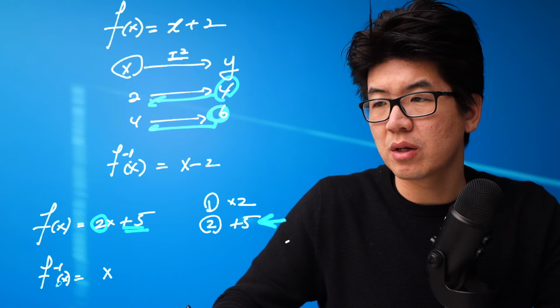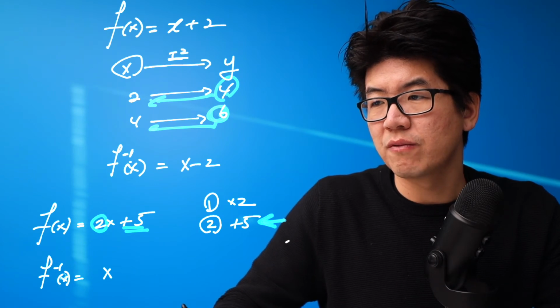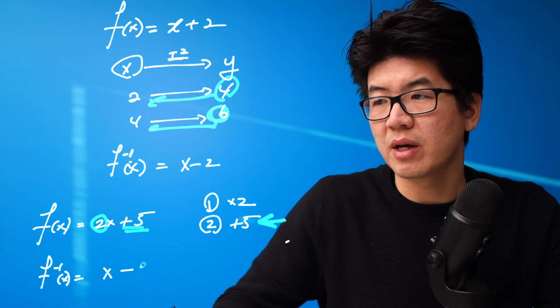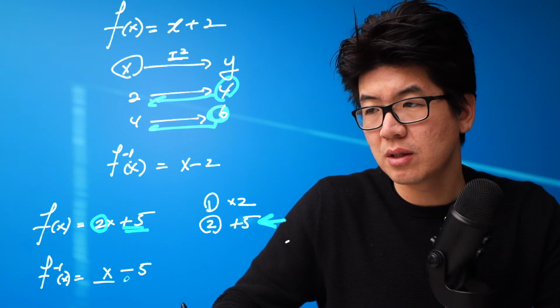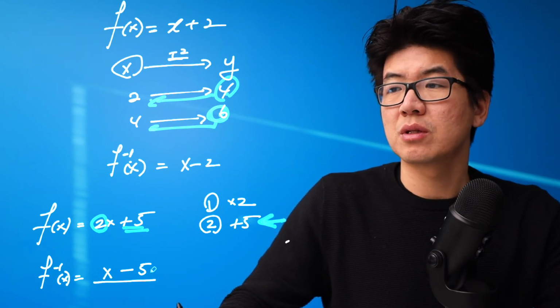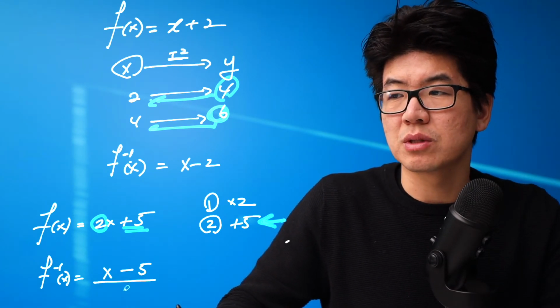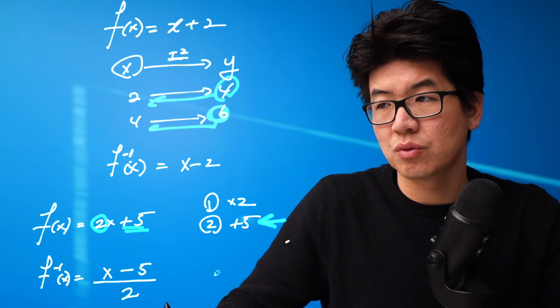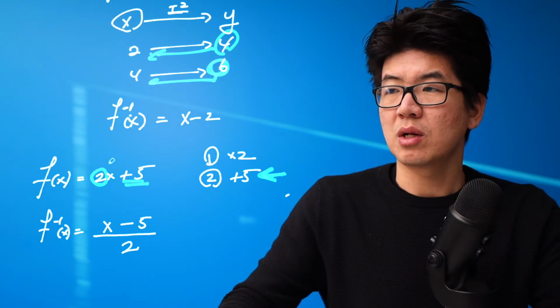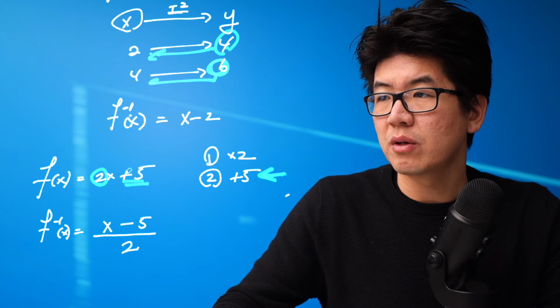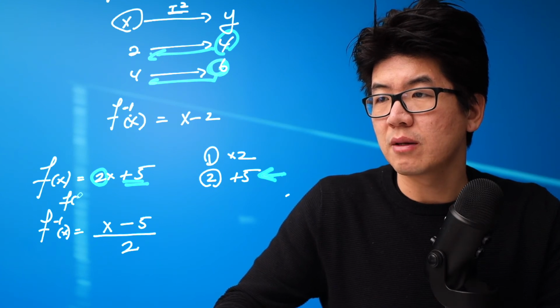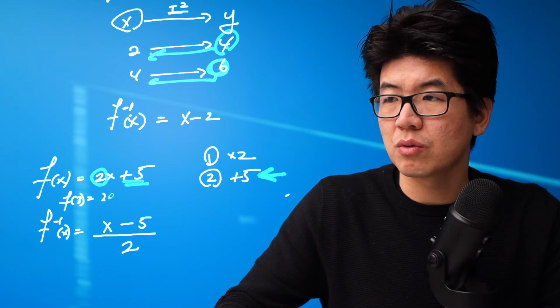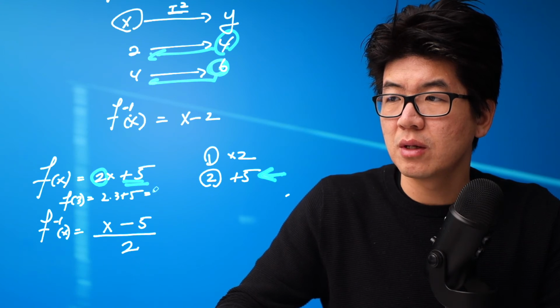So to our input on the inverse function, we have to do the opposite of that. And to the result of this, we have to do the inverse operation of times by 2, which is divide by 2. Okay, so let's see if this works. On the function, if you plug in, let's say, 3, you get 2 times 3 plus 5. That's 11.